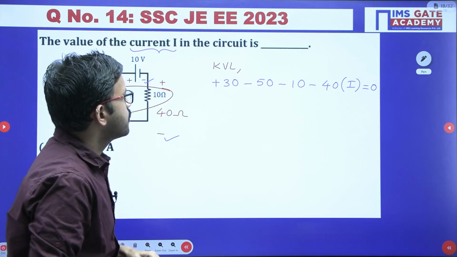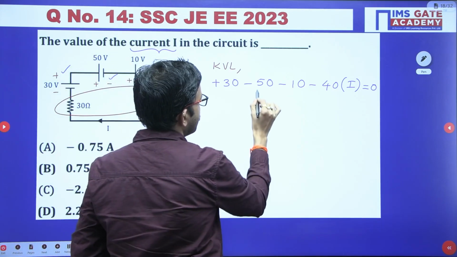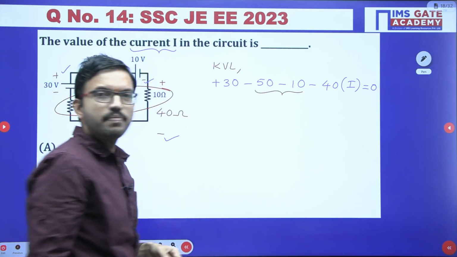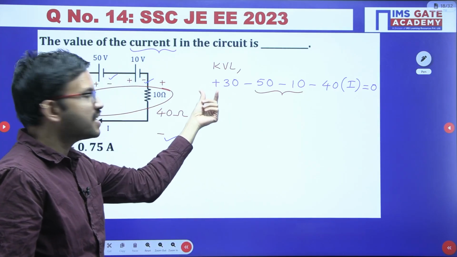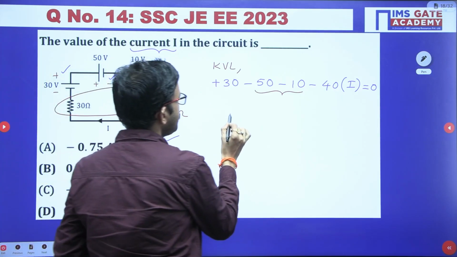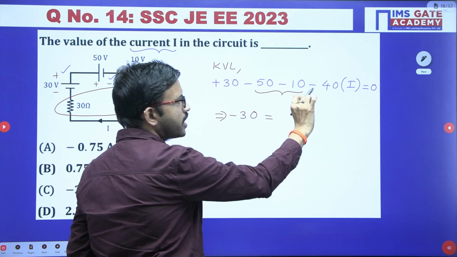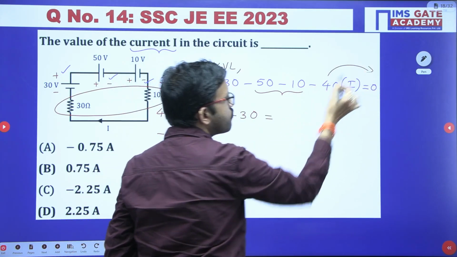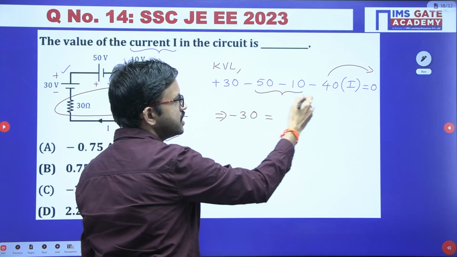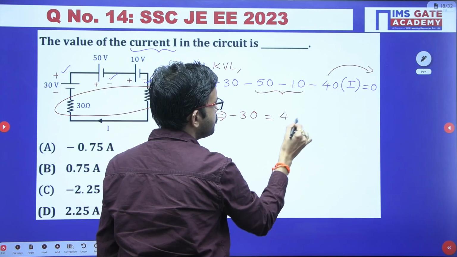Now you can observe minus 50 minus 10, that means minus 60, minus 60 plus 30, that is minus 30. Minus 30 is equal to... I am bringing this 40I to the right hand side. Since it is negative, it will become positive.